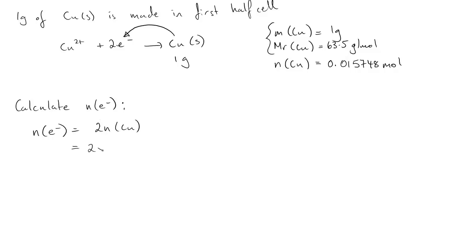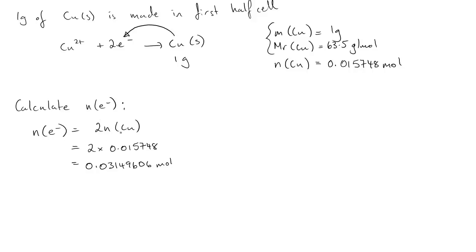So we go 2 times 0.015748, and that gives us 0.03149606 mole. So that's the mole of electrons.